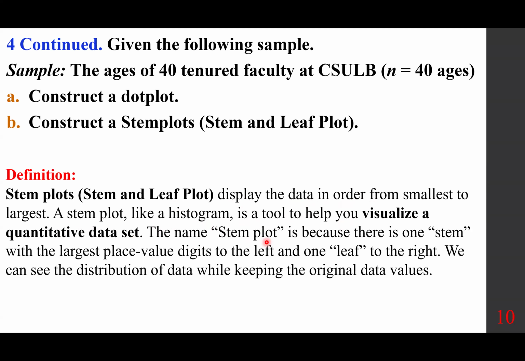The name stem plot is because there is one stem with the largest place value digits to the left and one leaf to the right. We can see the distribution of data while keeping the original data values. So that's the definition.